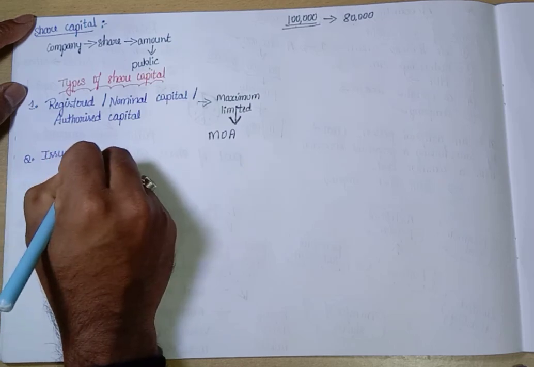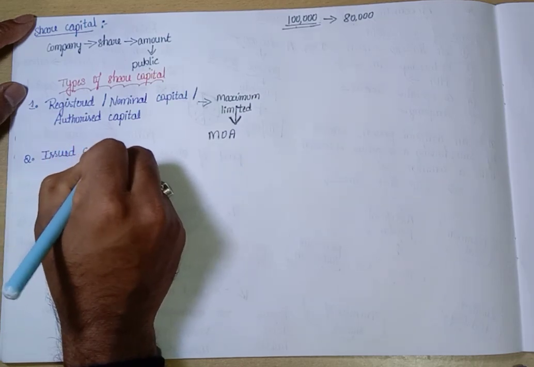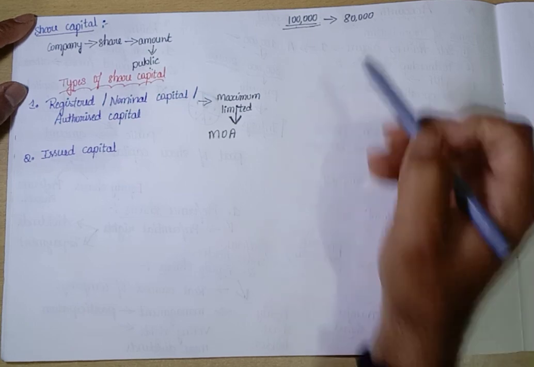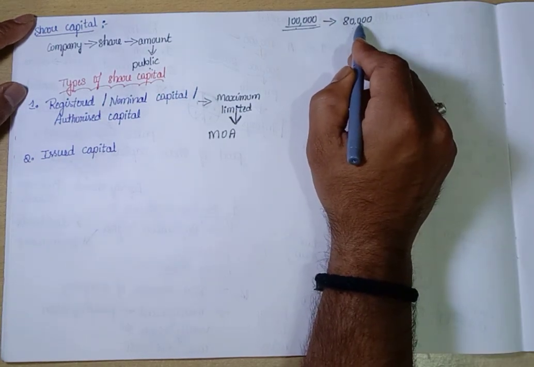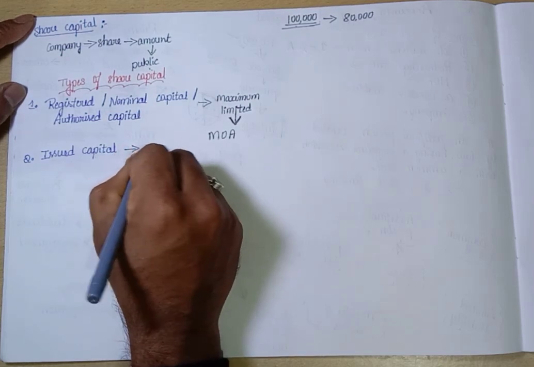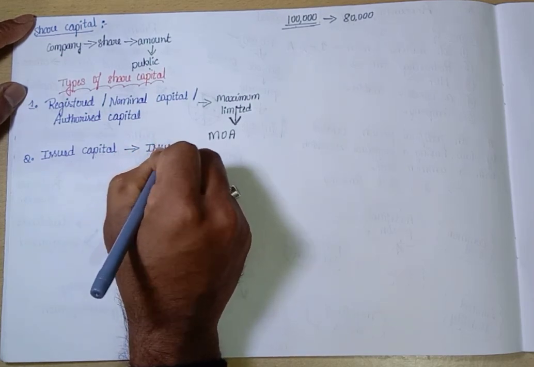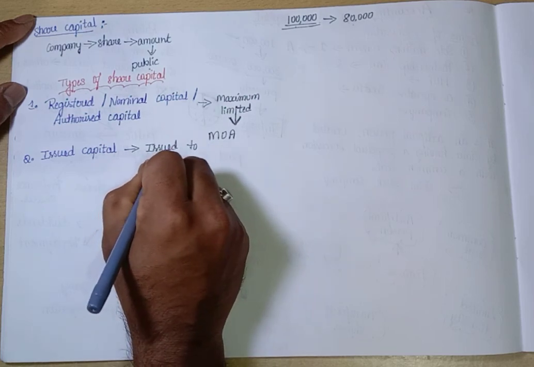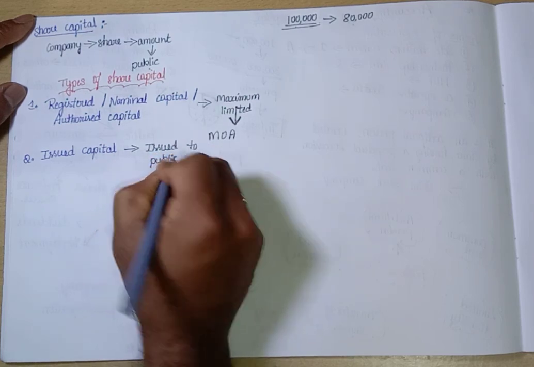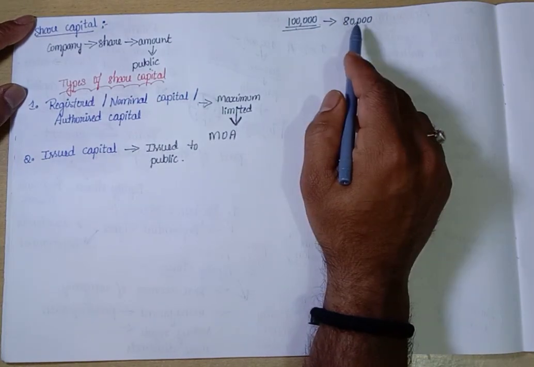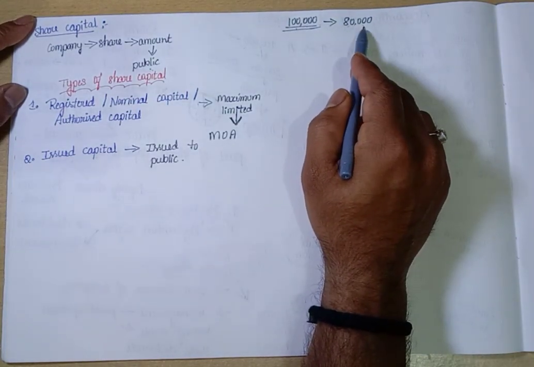Issued capital is the actual value of shares you are going to issue to the public. Out of 1 lakh rupees permitted, I am issuing just 80,000.